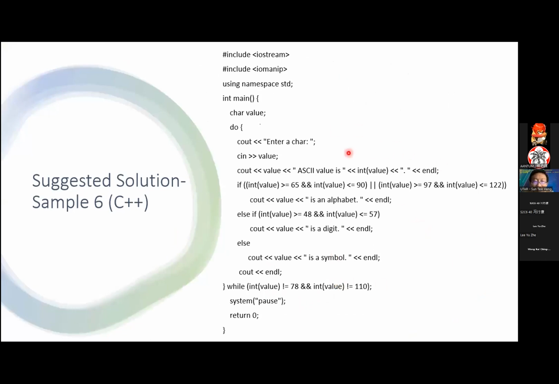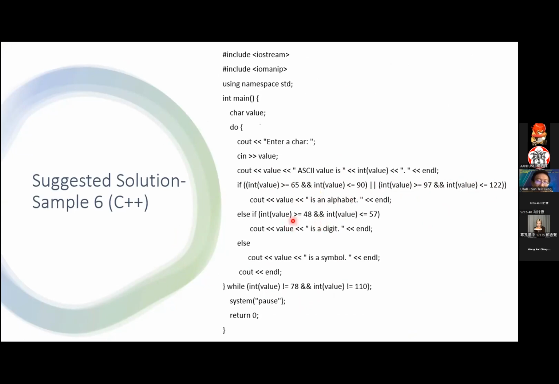And you can see here, of course, you need to refer to the ASCII code table so that you'll know how to set the condition here. As you can see, the condition: if the value is greater than or equal to 65 and less than or equal to 90, or the value is greater than or equal to 97 and less than or equal to 122, these are the ASCII code numbers for an alphabet.